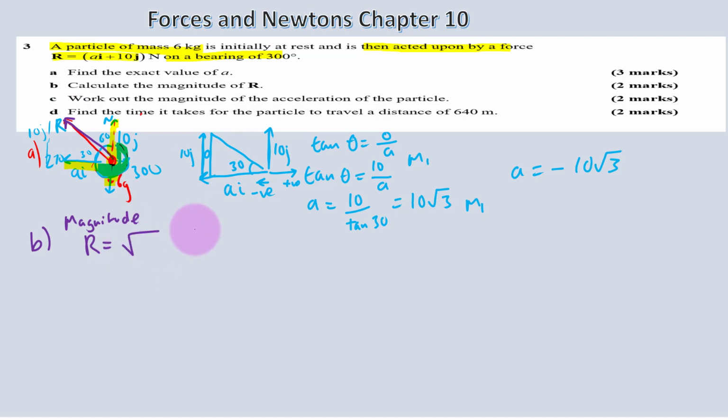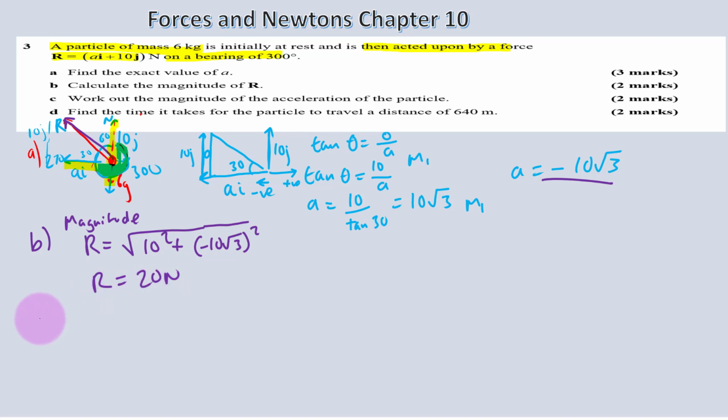So it's the square root of 10 squared plus minus 10 root 3 squared, what a is. Now most of you did that but got the wrong values for a, so it was difficult to get marks there. And then you'll find out that R equals 20 newtons. Quite easily done.